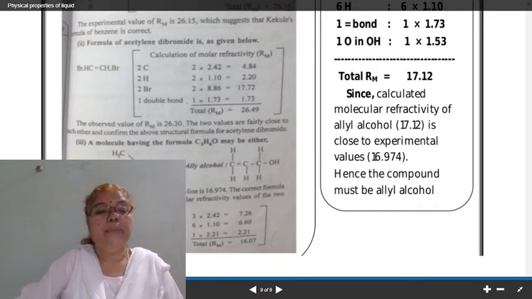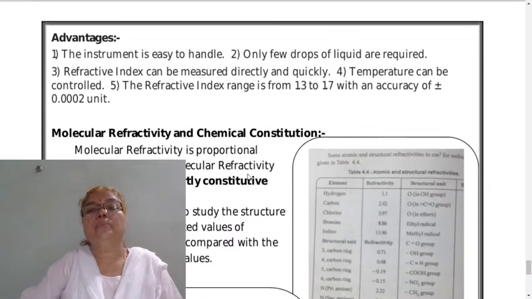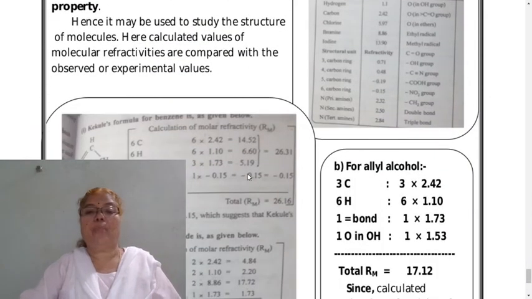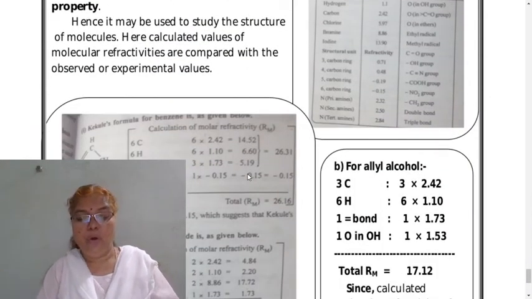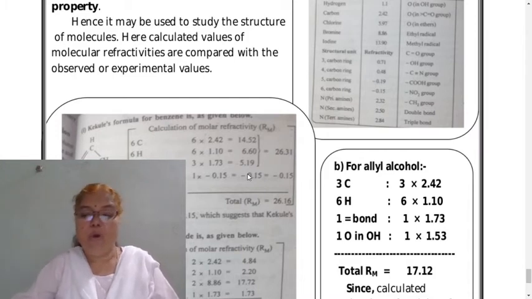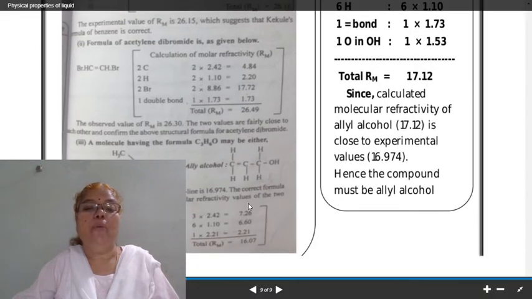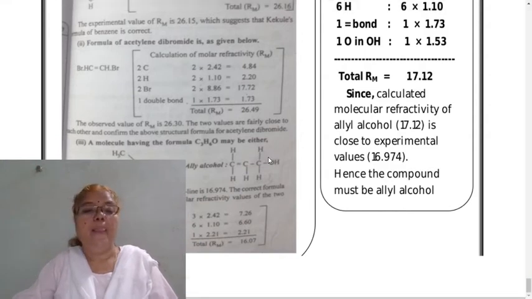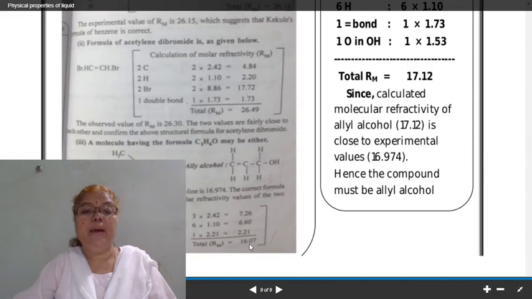and for these two compounds, this is for acetone value, and for the allyl alcohol the calculated value is 17.12. See the calculated value of this formula, it is 17.12, and for acetone this is the correct value 16.07.